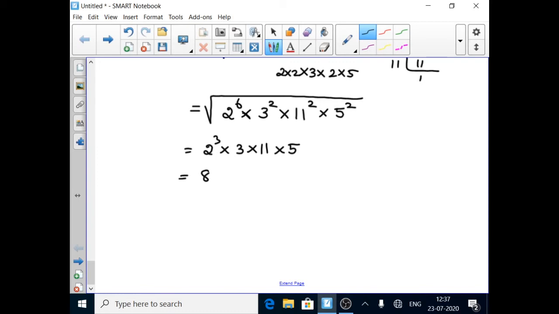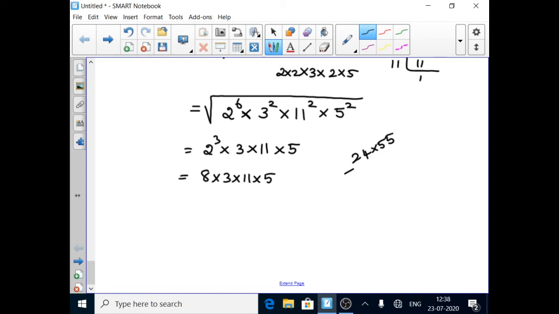So what do you get? 8 into 3 into 11 into 5. Okay. So we will multiply. 8 3s are 24. 11 into 5, 55.